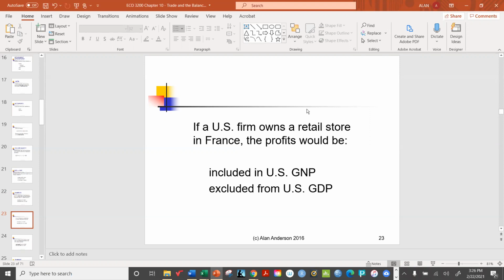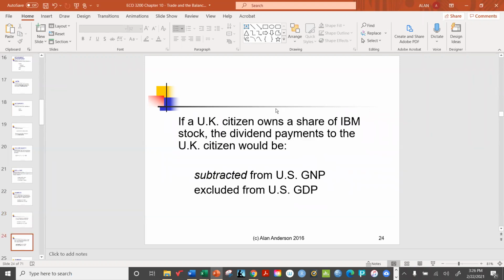Okay. If a British citizen buys a share of IBM stock, the dividend payments actually come out of GNP in the US. They reduce it because we're paying funds to a British citizen. So outflows are going to reduce our GNP. Inflows will increase it.